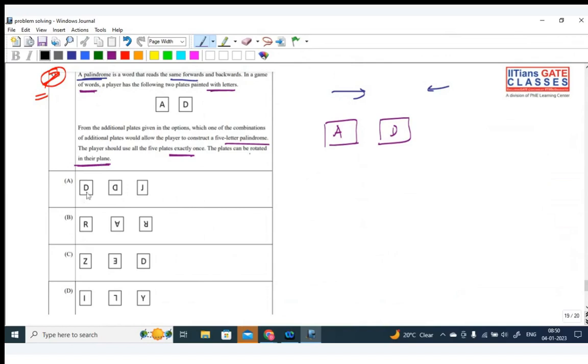So I believe DDJ. We can't take that, because they have given here that the player should use all plates exactly once. Understood, everybody? So you can put D here, D here, J here.